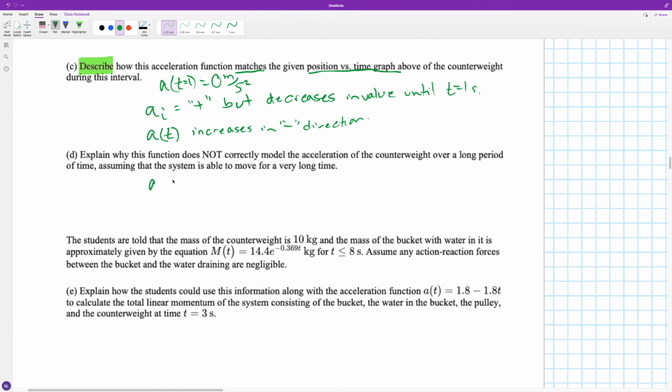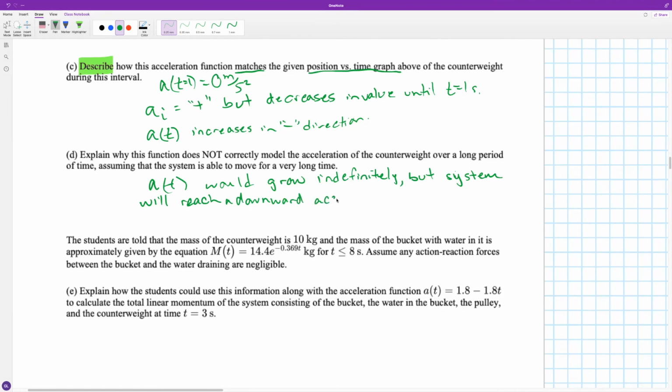Well, ultimately, a of t would grow indefinitely, but the system will reach, and I put "and" because I was going to say an acceleration, but more specifically, a downward acceleration less than free fall, because it's not falling freely. Okay, so there we go.